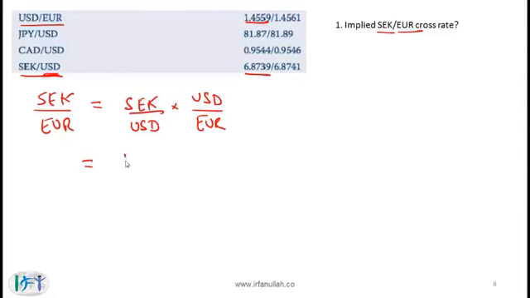So we would simply have 6.8739 multiplied by 1.4559.